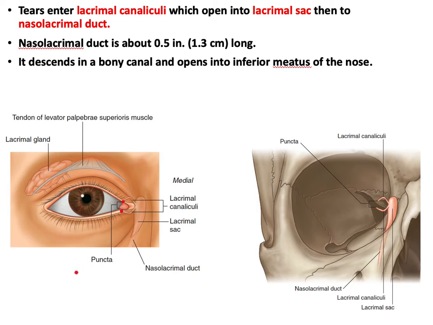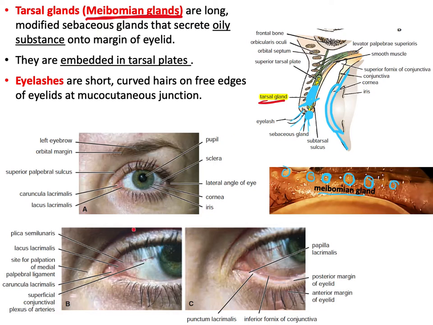You can see those openings, puncta. We call it lacrimal punctum or puncta here. Let me show you here in this figure. Here is the punctum lacrimalis. Here is one, right? There's another one here. So there's a canaliculus here, right?